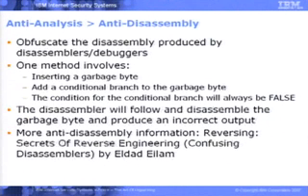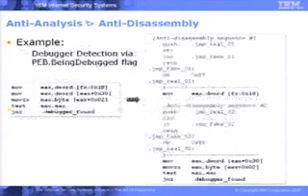So anti-disassembly is a method to obfuscate the disassembly produced by disassemblers. One method involves inserting garbage code and then adding a conditional branch to the garbage byte, and the condition for this conditional branch will always be false. So this is an example.